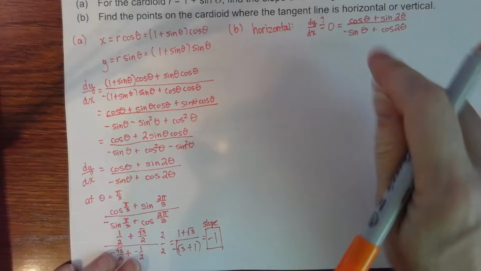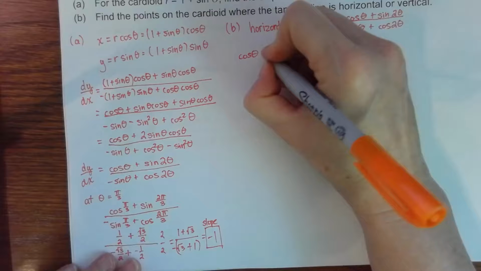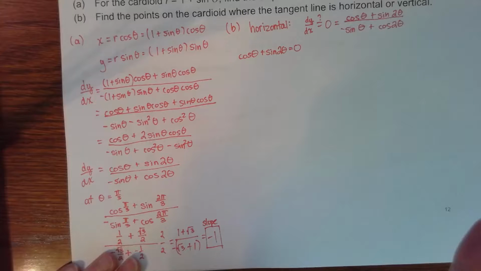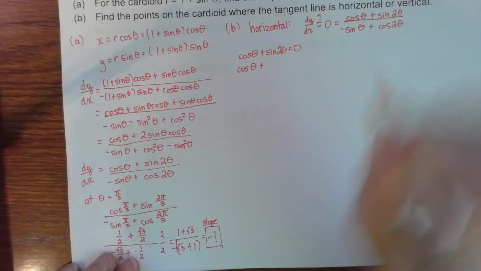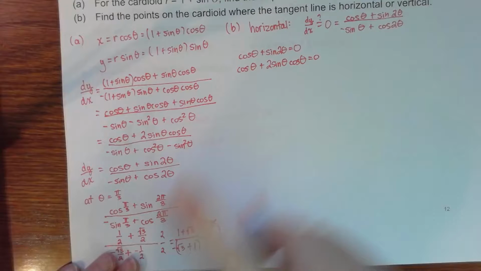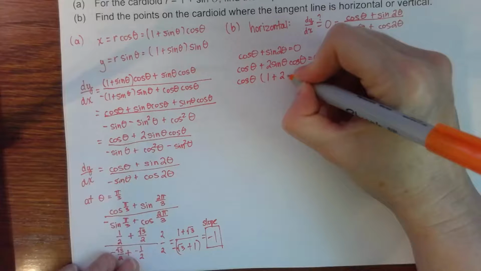Okay, so let's look at the numerator first. Where we have cosine of theta plus sine of 2 theta being 0. It's probably better to go back to cosine theta and substitute 2 sine theta cosine theta in for sine of 2 theta. Then we can factor out the common cosine. So that'll be cosine of theta times 1 plus 2 sine theta.